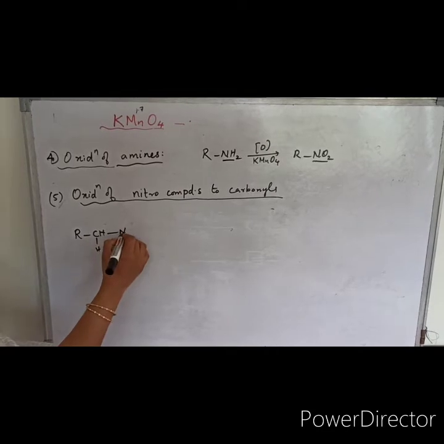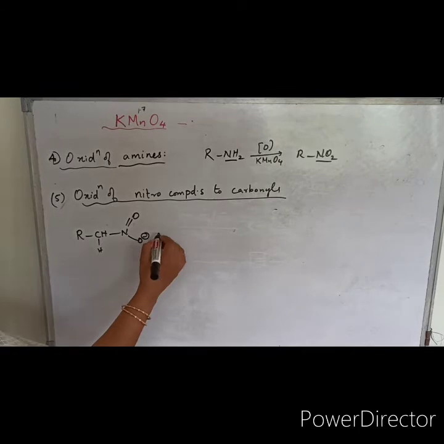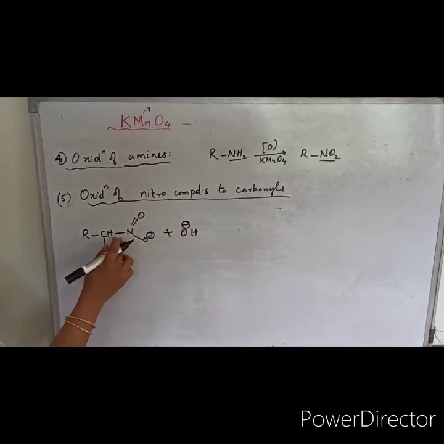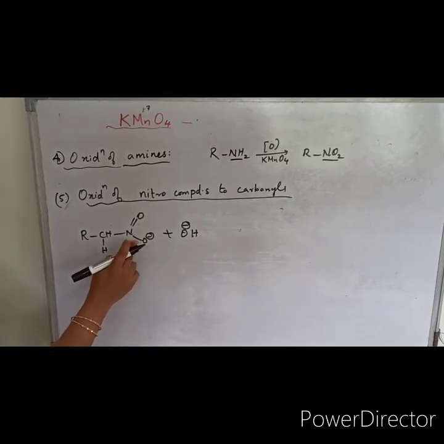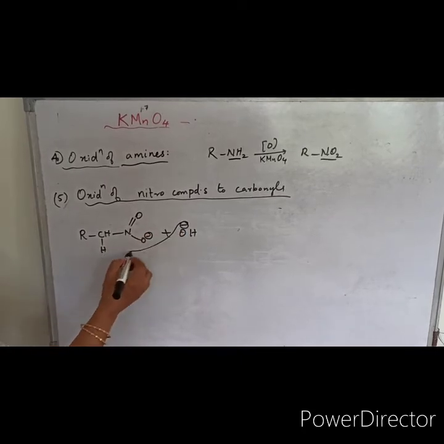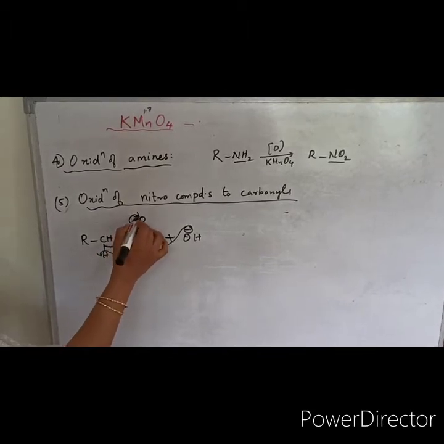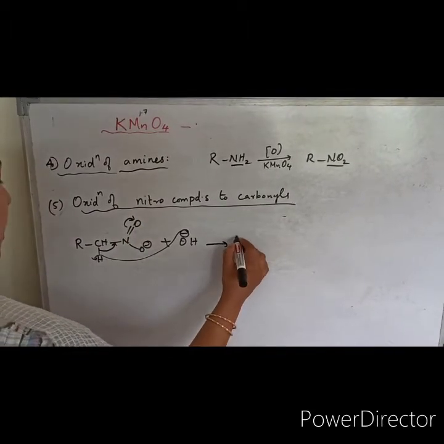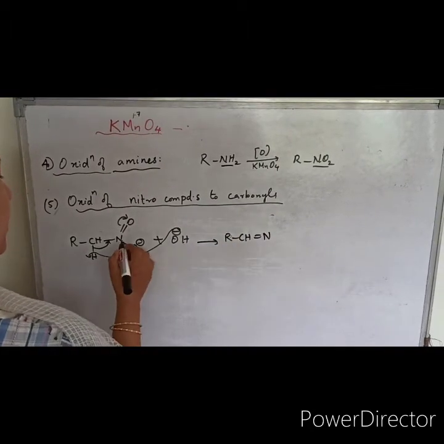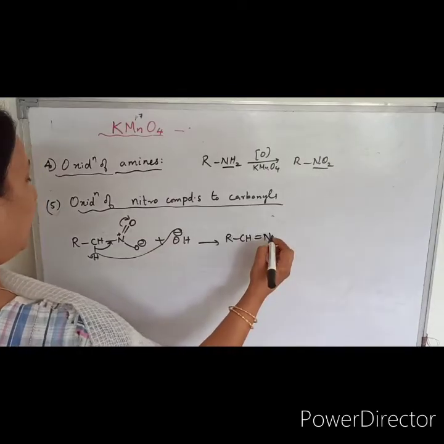RCH and double bond O minus. So this is the nitroalkane. So as you know, these two hydrogens are highly acidic in nature because they are attached to the nitro group, a highly electron withdrawing group. So this OH minus readily picks up one acidic hydrogen. So the bonded pair will be shifted to here like this. So you will be getting RCH double bond N. Here nitrogen is having a positive charge because nitrogen's valency is exceeding 3.